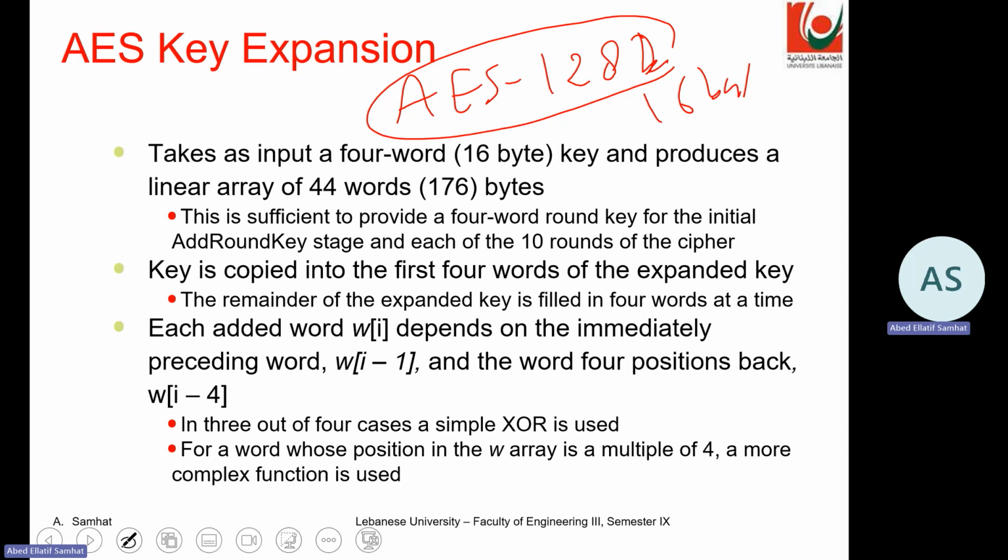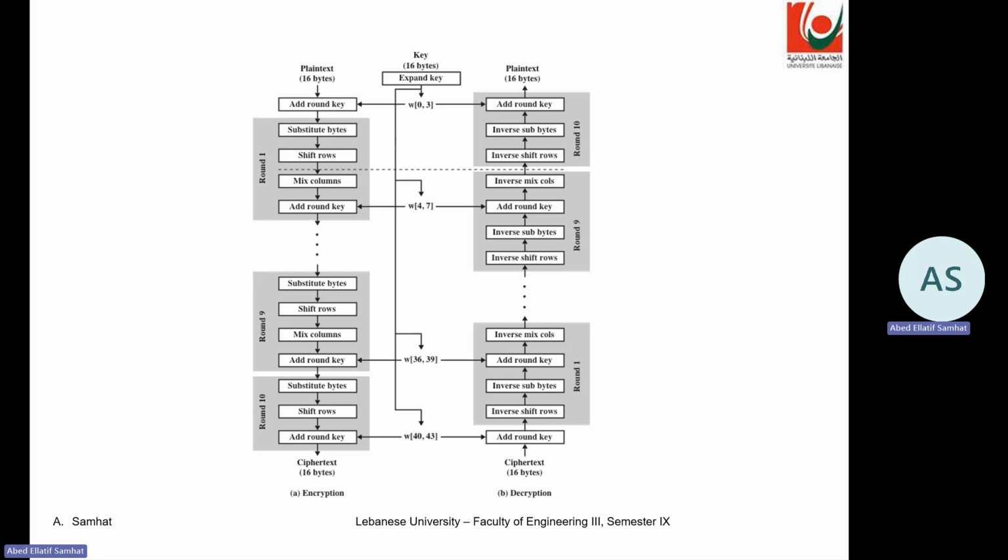The key expansion process will take the input of a 16 byte key and will produce a kind of linear array of 44 words of 176 byte. In this case, each word is 4 bytes. Okay, so this is the illustration.